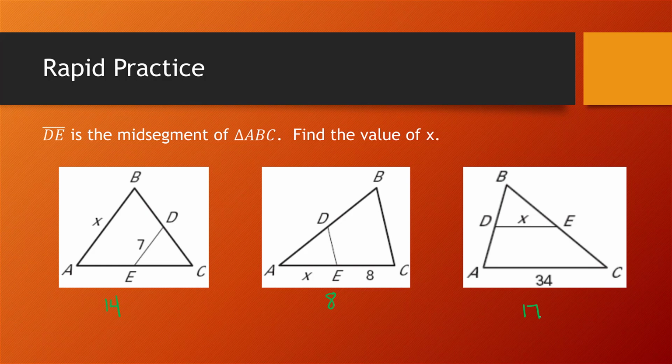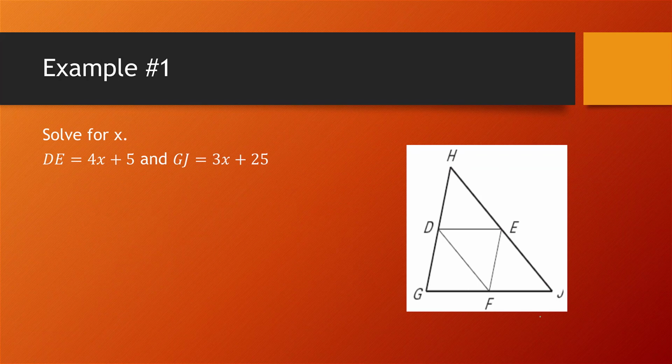So now we've done some concrete number examples. Let's put some expressions in here. Here we're going to solve for x. DE is 4x plus 5, and GJ is 3x plus 25. GJ is the whole length.